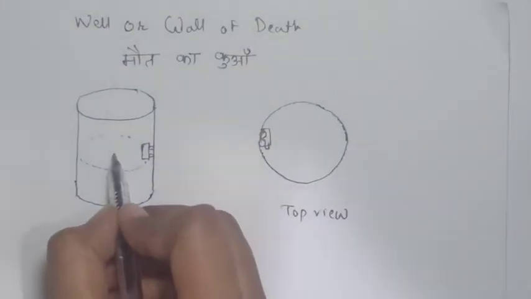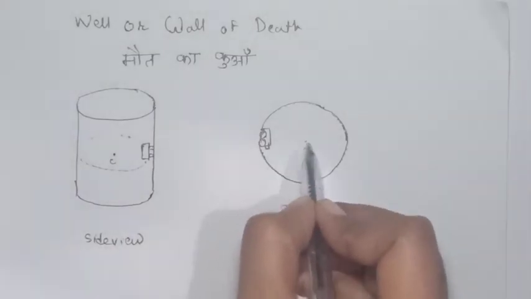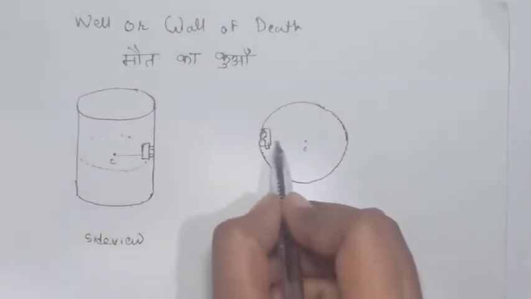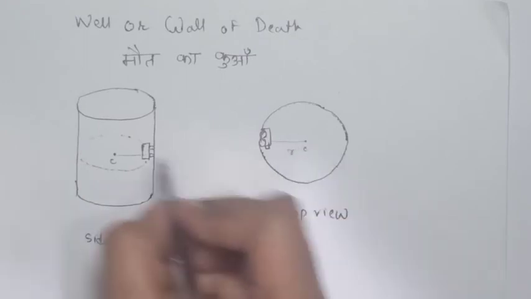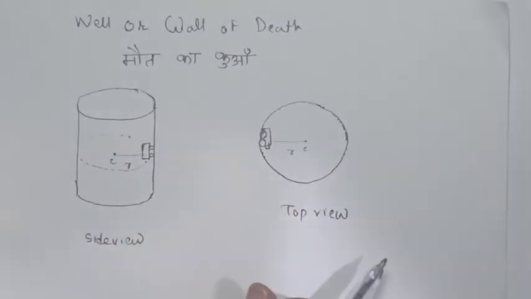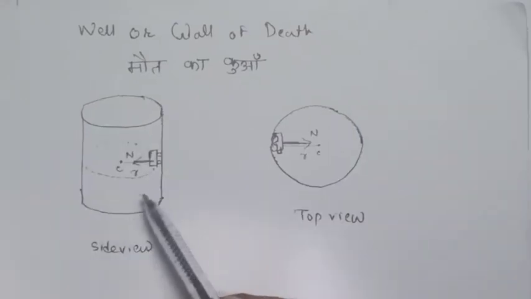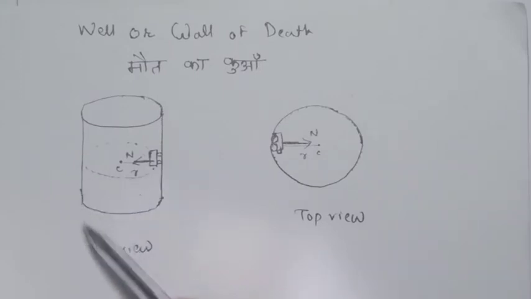And this will be the center of the cylinder, and the distance from the center to the vehicle will be the radius of curvature, or simply the radius. This can be seen while performing the stunt. The vehicle is actually performing circular motion.